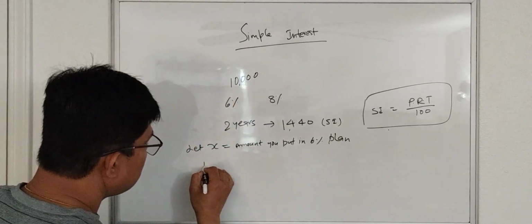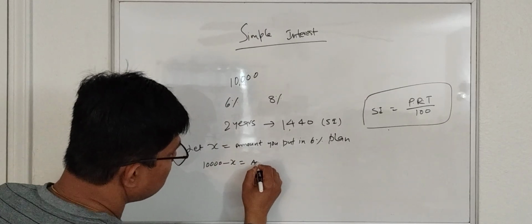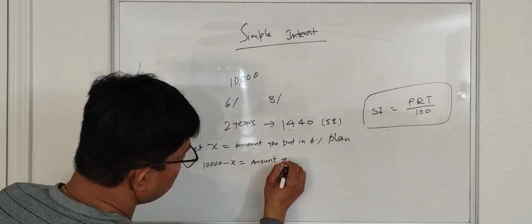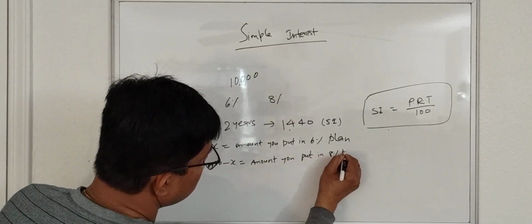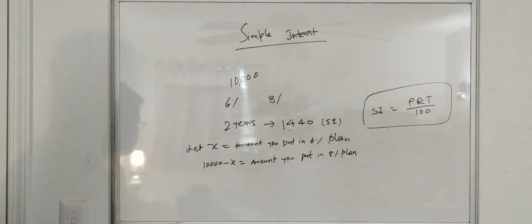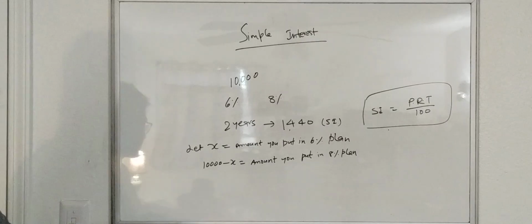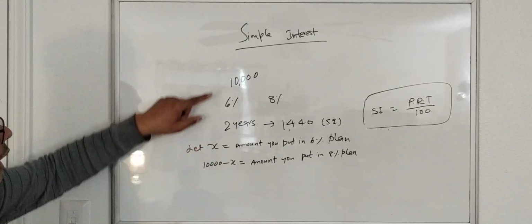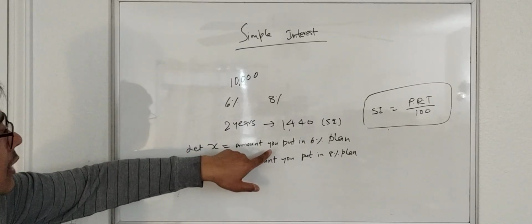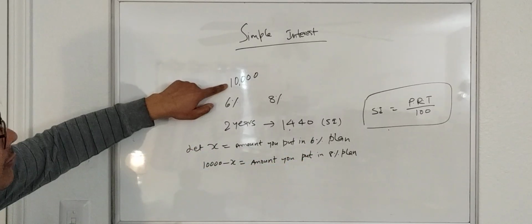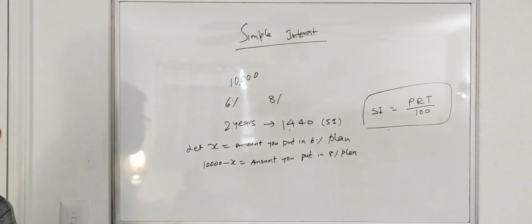Total amount is 10,000. So 10,000 minus X, correct? Is the amount you put in 8% plan. Okay? See, look at the board, you start writing. So since I did not know the amount, I considered any variable X to be the amount I put in 6% plan. So total amount is 10,000. So 10,000 minus X will be the amount I will put in 8% plan.